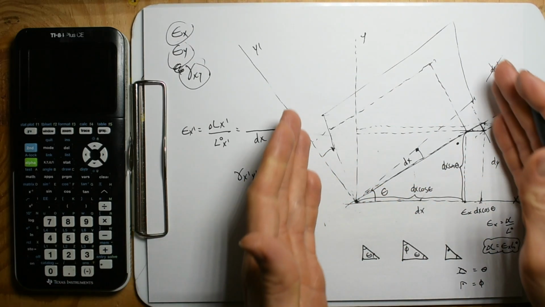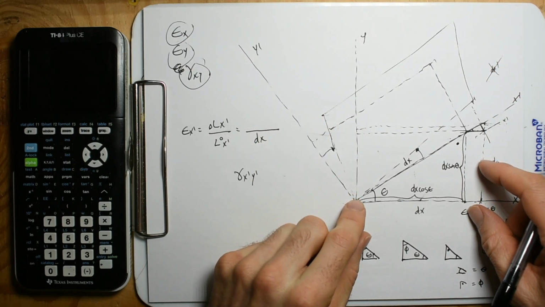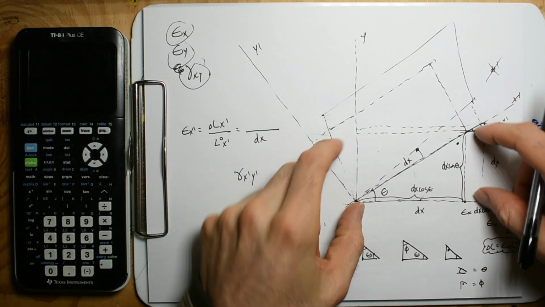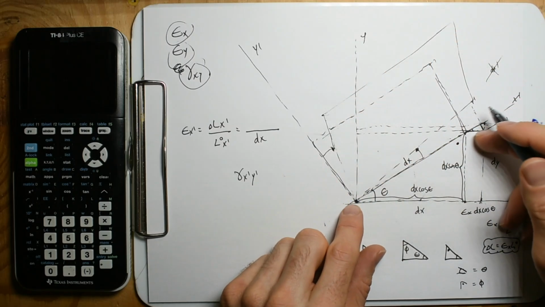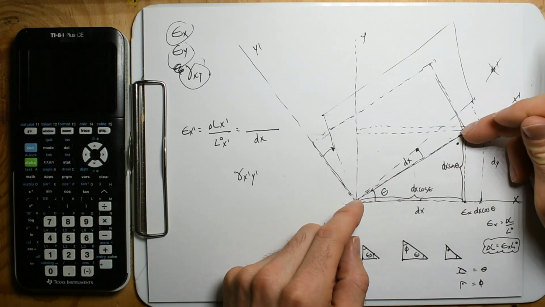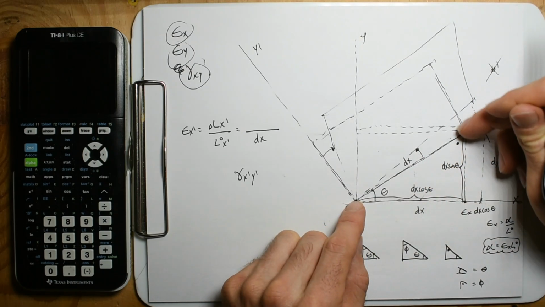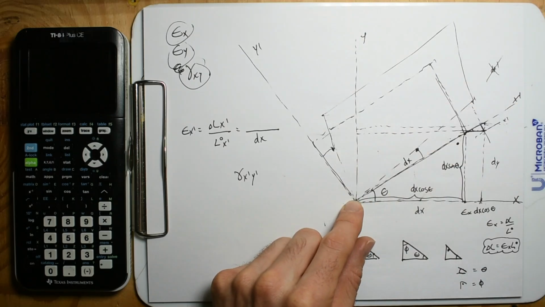So that is what we're doing. We have rotated this up, and what I'm interested in is how this line changes, how it pivots from here and then rotates.